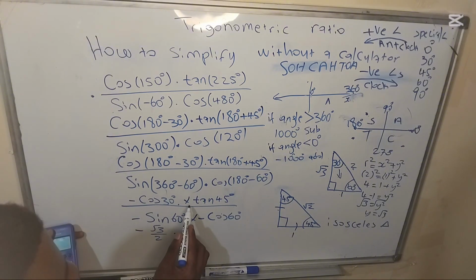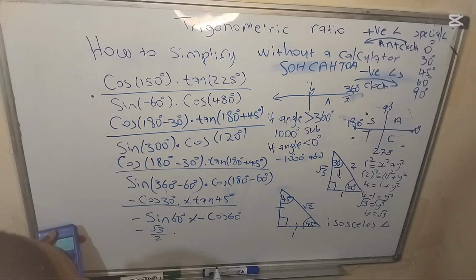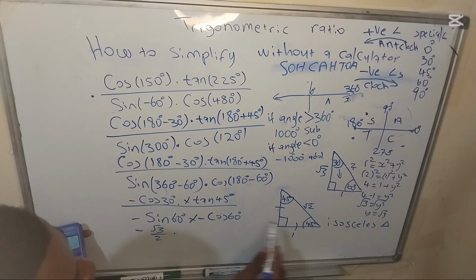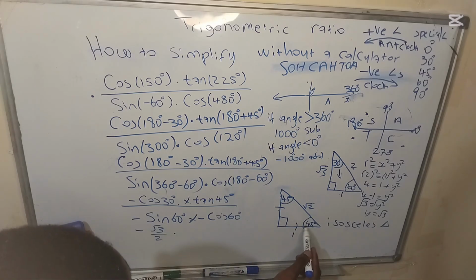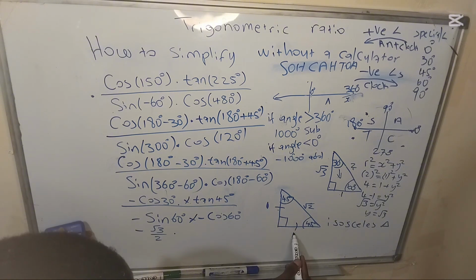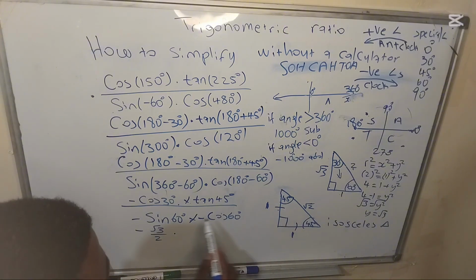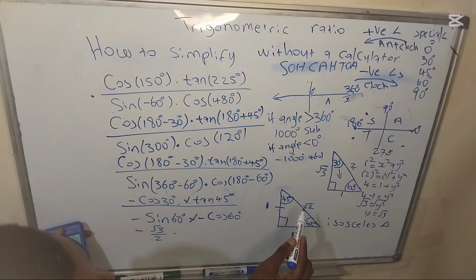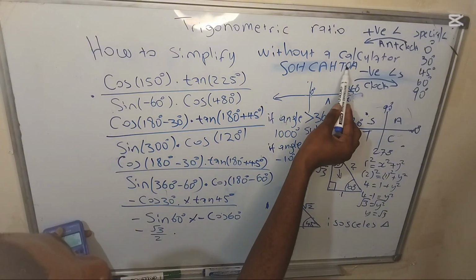Multiply by what? Multiply by tan 45 degrees. So let's go for a triangle of 45 degrees. This is our triangle of 45 degrees. Here we have 1, guys. These two sides, this side is equal to 1, even this one is equal to 1. Then according to the angle of 45 degrees, tan is opposite over adjacent.